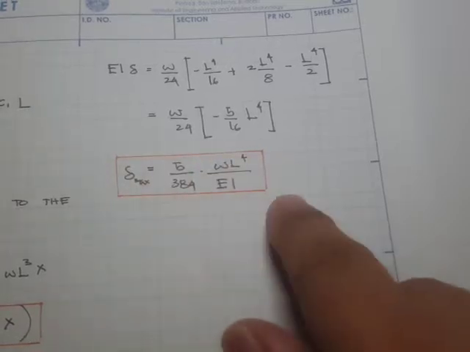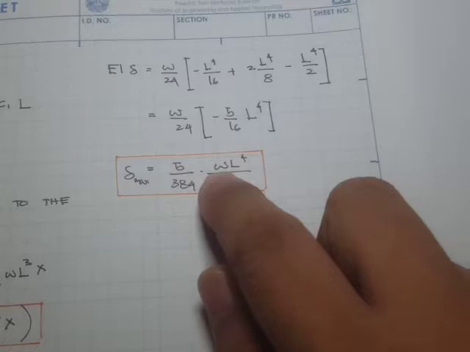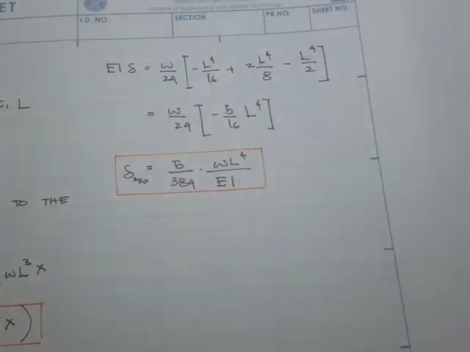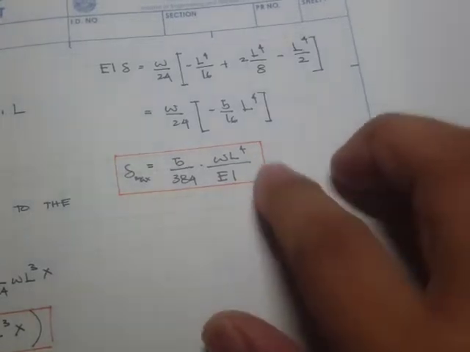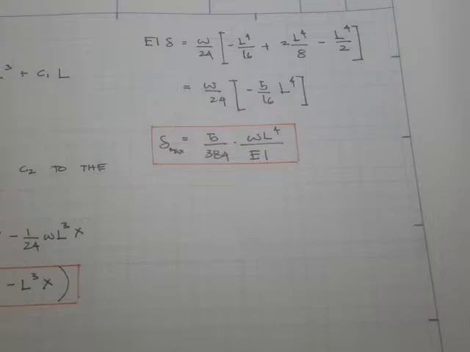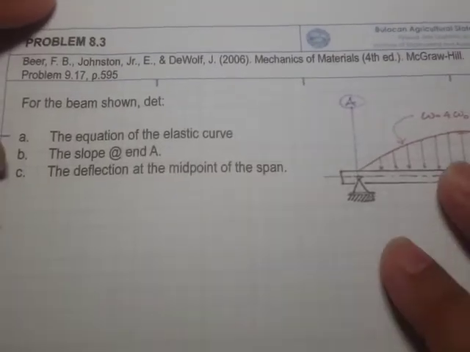So here's our equation. If you have the EI, the length, and the omega, you can substitute them and get a defined value or magnitude. Okay, I think that's all, and we'll move on now to our next sample problem.